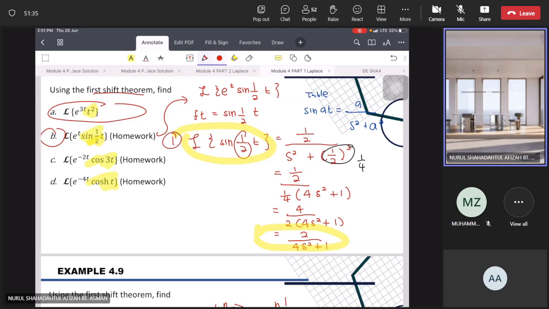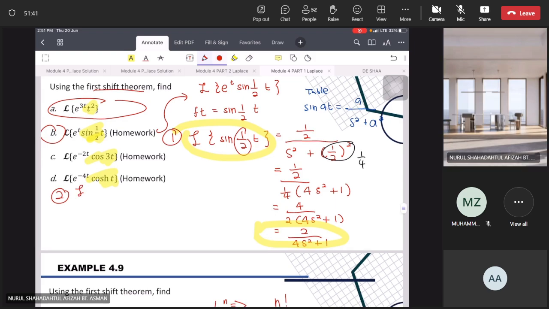And then second, you combine the Laplace of e^t sine t equals F(s minus 1).